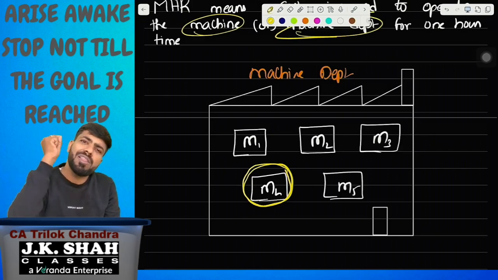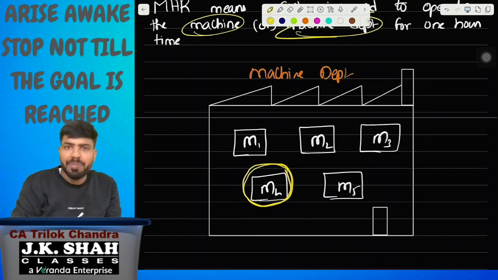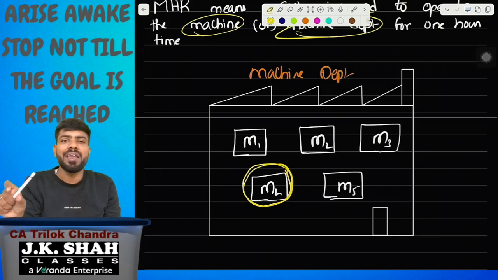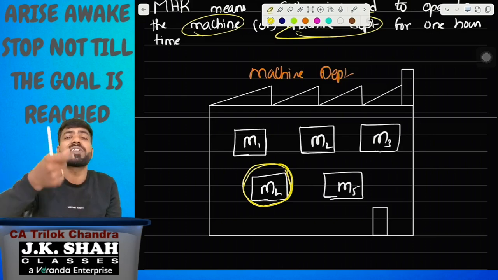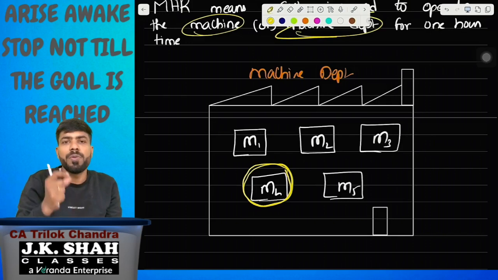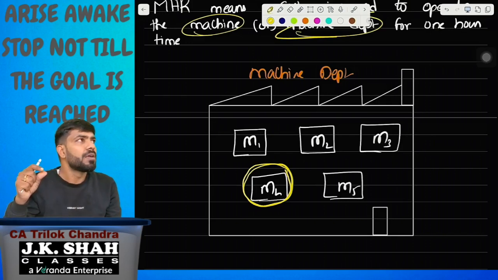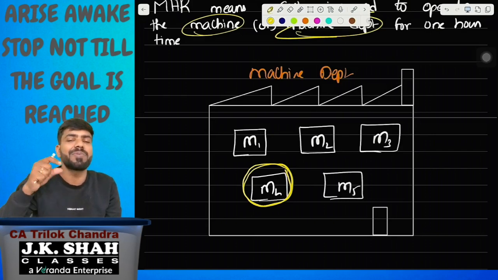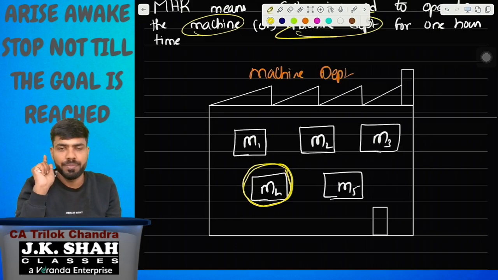Like that, whatever expenses are incurred for machine 4, we make a total of that, divided by operating hours of machine 4, and we will get the expense incurred to operate machine 4 for 1 hour time.